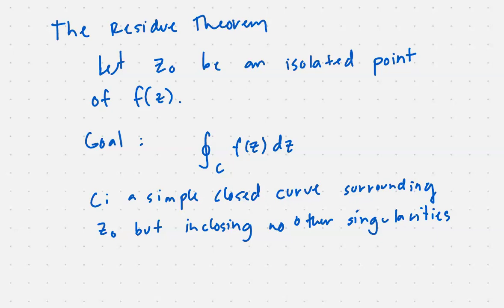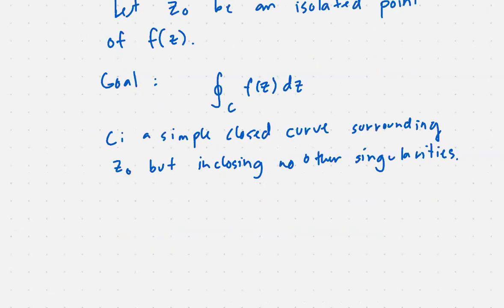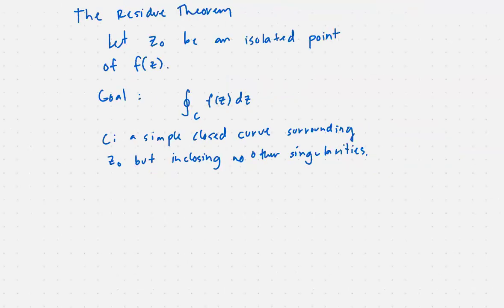Okay. Now, we know that any function f of z can be expanded using Theorem 5, or rather the Laurent series theorem, right? Now, let f of z be expanded in the Laurent series.